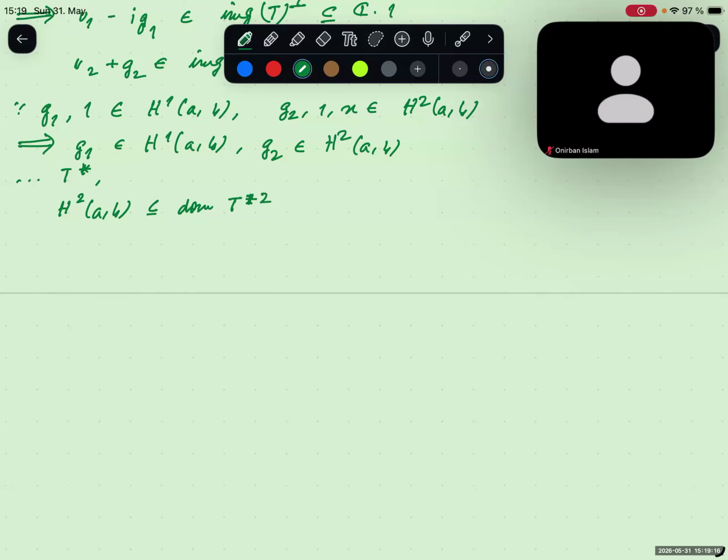Let me just write it square, okay? So it's T star square of this. And we also have that T star square acting on V is just minus the double derivative of V.